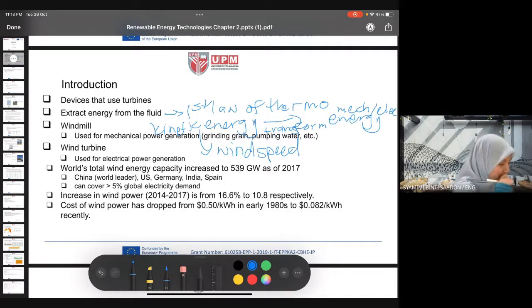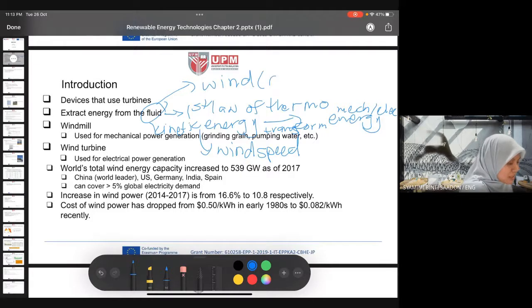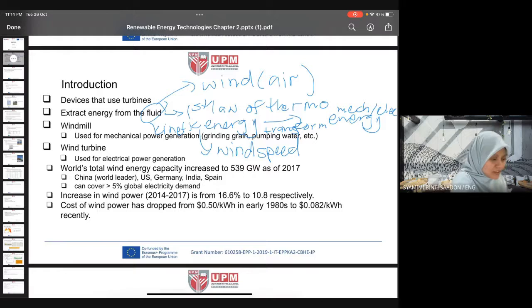The fluid here reflects the wind, the surrounding air. As an example, we have a windmill. This windmill is used for mechanical power generation to pump water, right? And then the wind turbine.